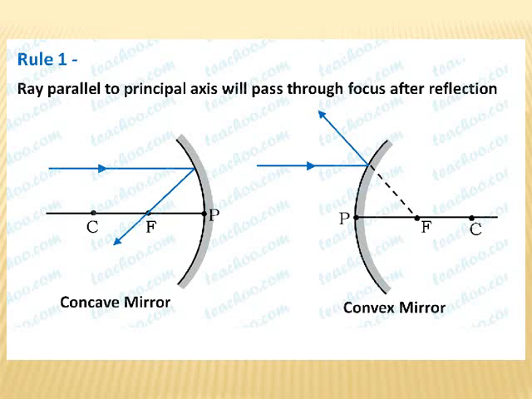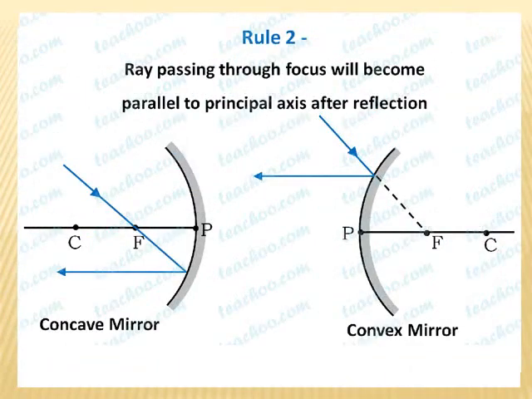The ray is parallel to the principal axis, and after reflection it passes through F. Here it is not actually passing through F because it has the reflecting surface outside. So the extension of the reflected ray passes through F. Okay, so this is rule number 1.